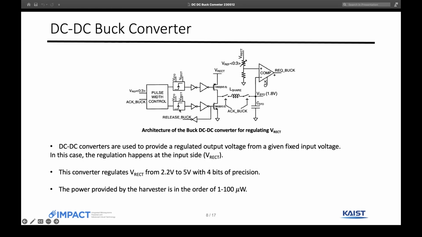In the future we want to use this in our piezoelectric harvester circuit, and we want to regulate this VREC using this DC-DC converter. This converter regulates VREC from 2.2 volts to 5 volts with 4 bits of precision, and the power provided by the harvester is in the order of 1 to 100 microwatts. It's a really small scale of power that we're talking about here.